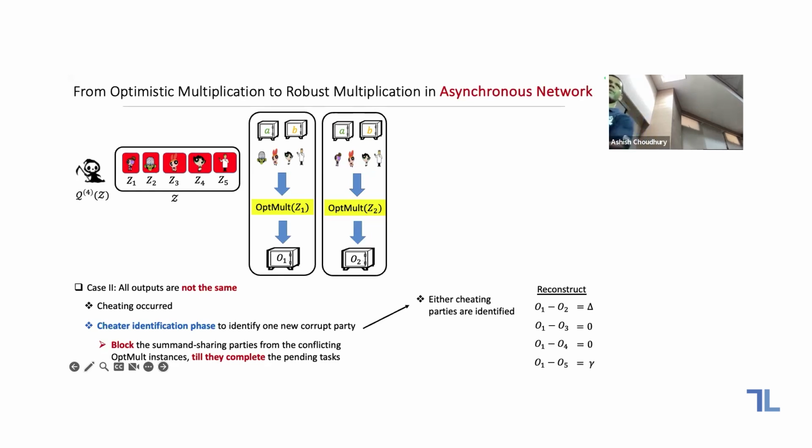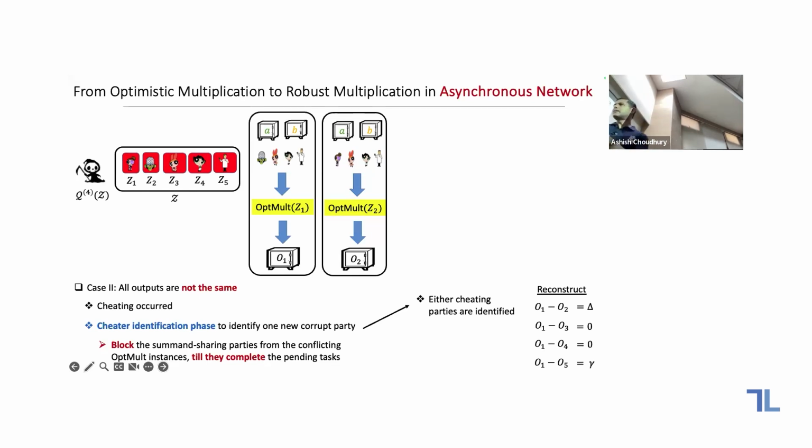So we are creating a win-win scenario here with the adversary. Either the adversary remains silent for the cheater identification phase of some previously failed instance, in which case they won't be allowed to participate in the optimistic multiplication of the future iterations. But the honest parties from the failed instances of previous iterations will eventually be allowed to carry over into the future iterations because their part of the things will eventually be clear.